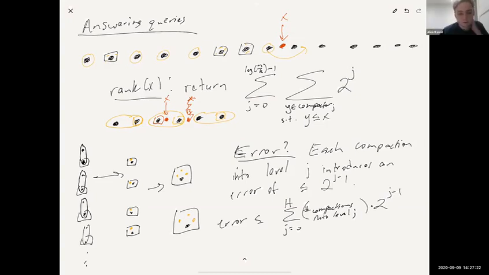So for example, if the very last level compactor that has anything in it at all is level L, and it's half full, I know that there was exactly one compaction at level L minus 1.